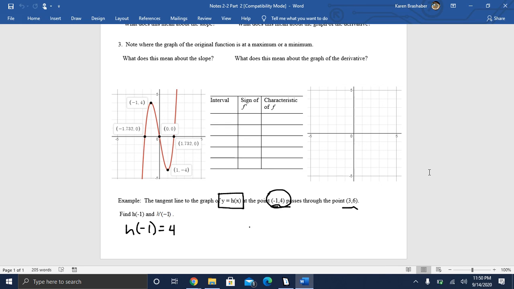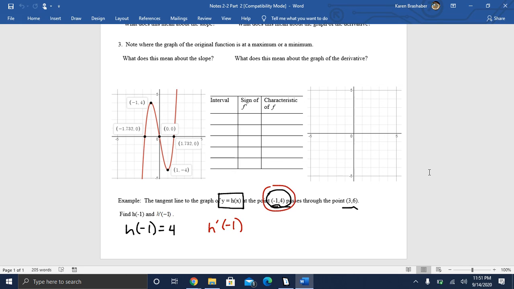H prime of -1 is really a vocabulary question. I'm wanting to know whether or not you know what a derivative is, because a derivative is the slope of the tangent line to the graph at a point. Well, the point that we're looking at is -1, 4.